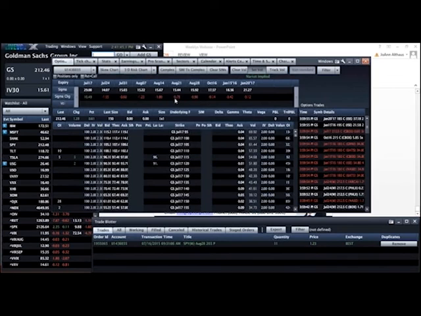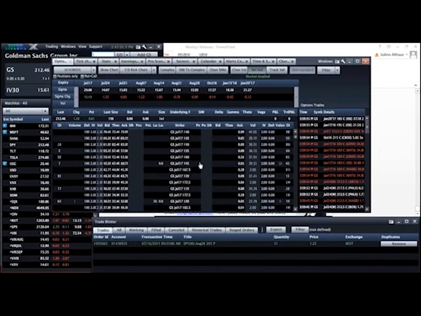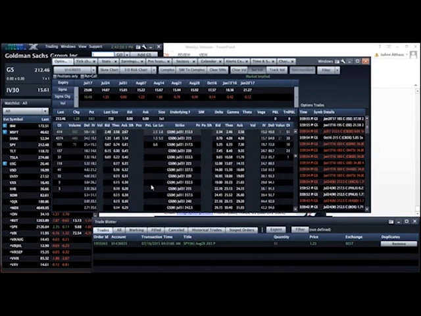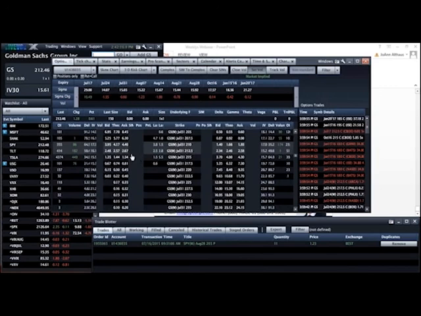I'm definitely not less interested in calendars, although I might be willing to do the August, July 31 call spread as a calendar spread. Let me see how that would look.